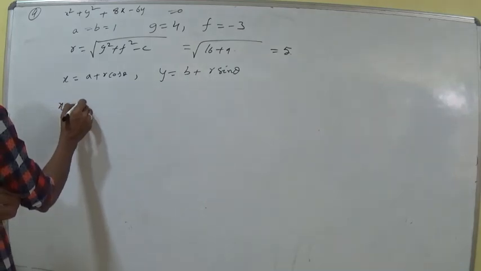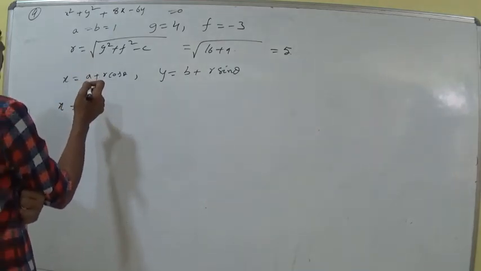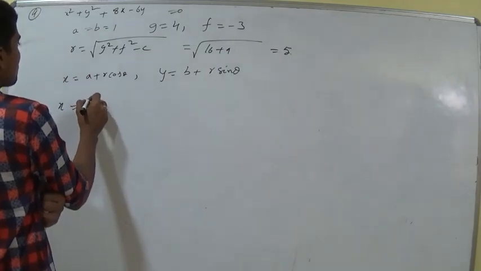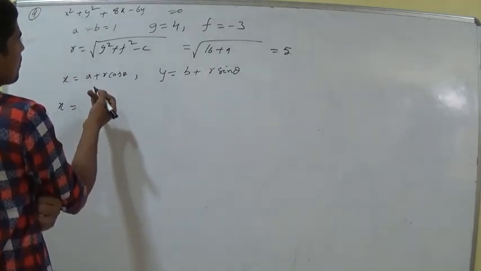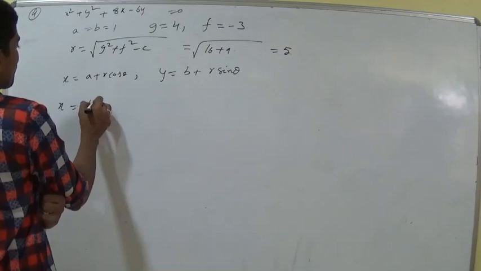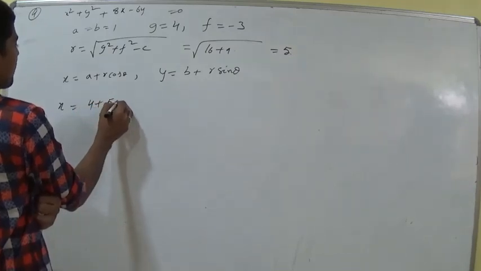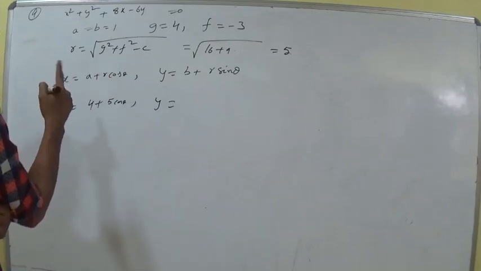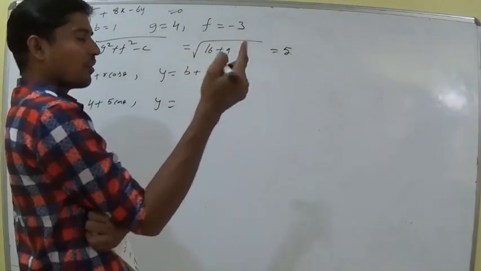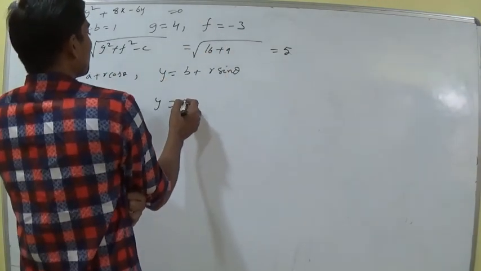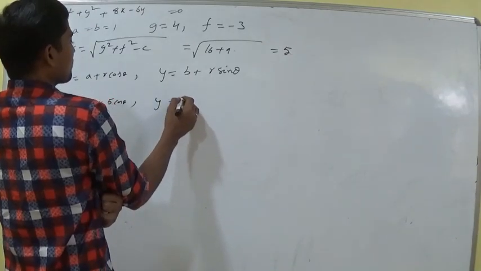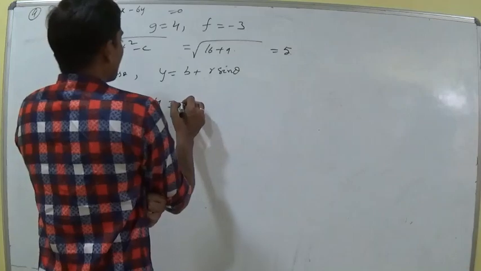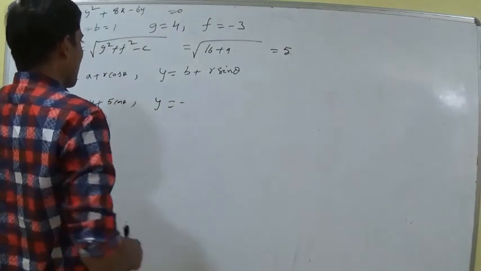Now x is equal to g, g is equal to 4, so 4 plus r, which is 5 cos theta, and y is equal to b, b means f, f is equal to minus 3.